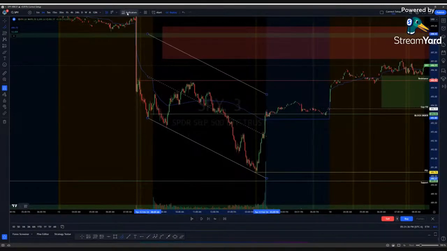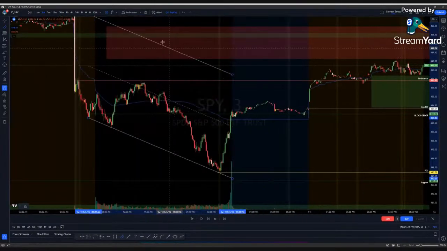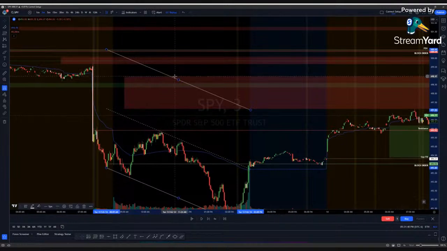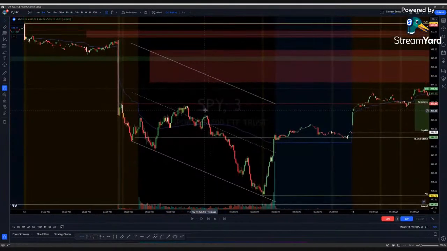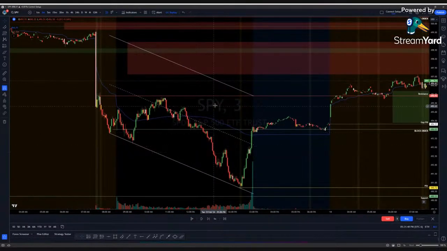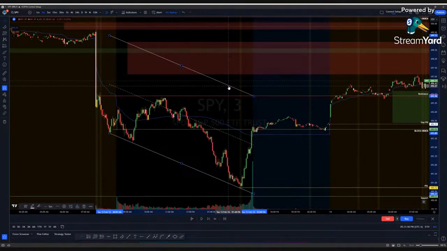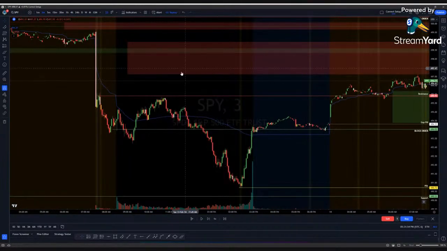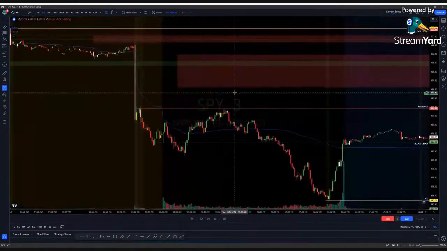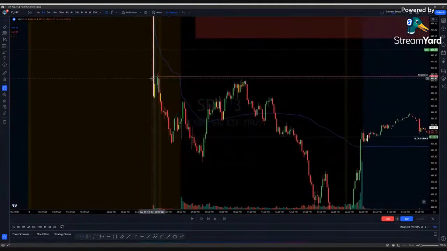And then price, let's draw it back to this swing high here. This was an area that we had resistance, right? This area we saw here was before the initial move.